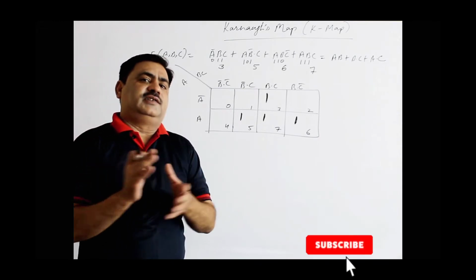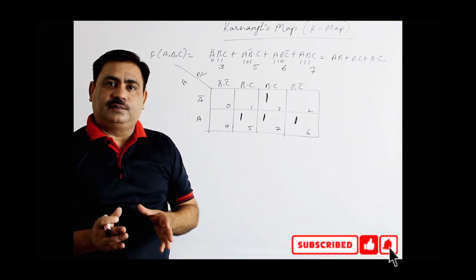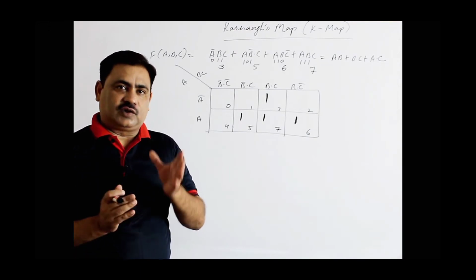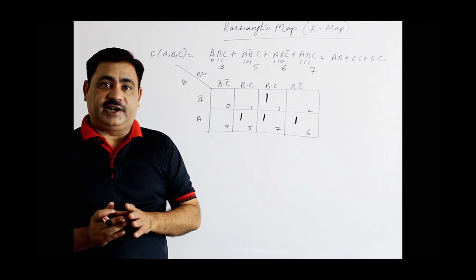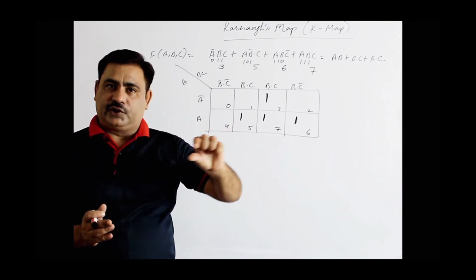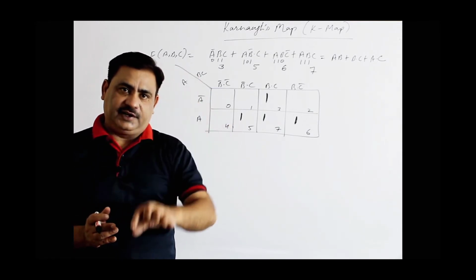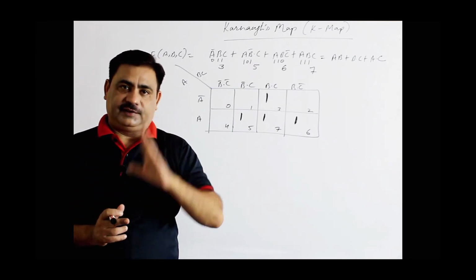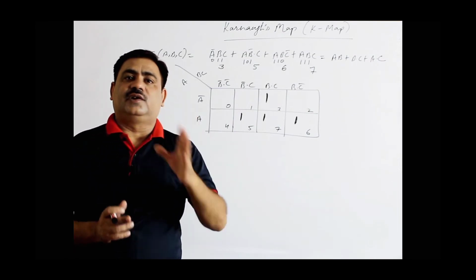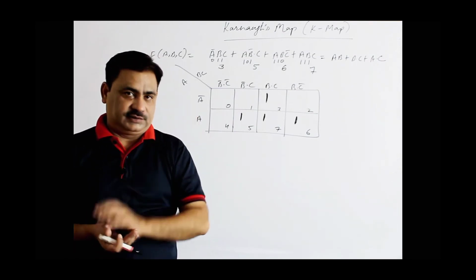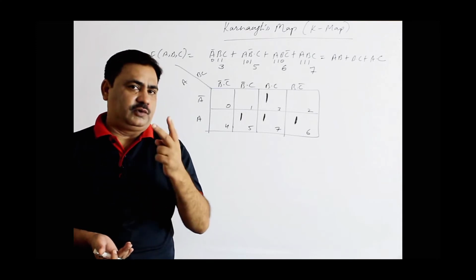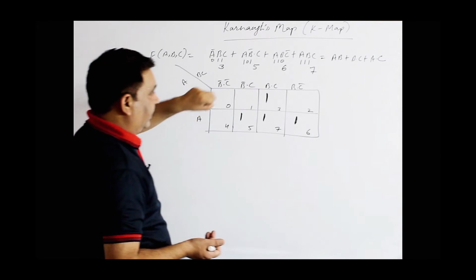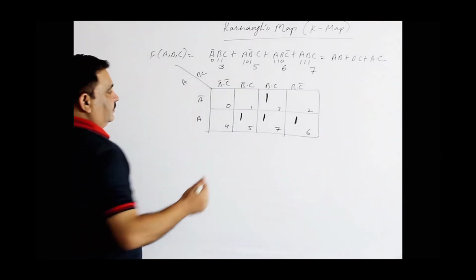If an octet is not possible, then try to form quads, and quads are the combination of 4 ones, that may be horizontally, vertically or in square shape. Do not take diagonally. If quads are not possible, then form pairs. A pair is the combination of 2 ones. A pair can also be horizontal and vertical, not diagonal.